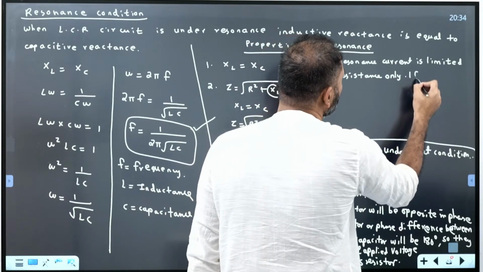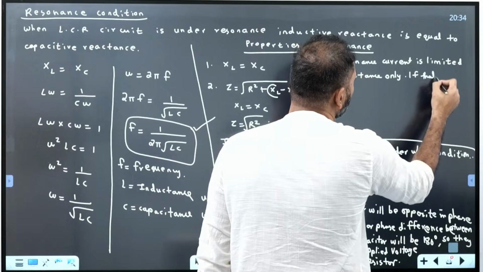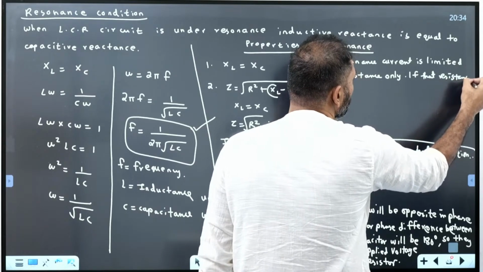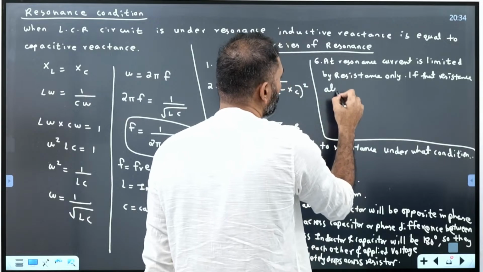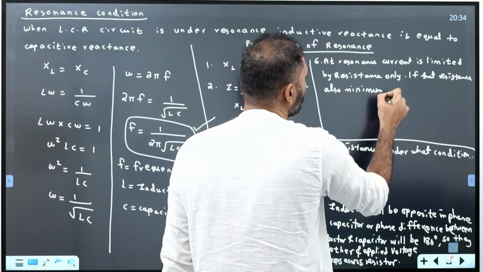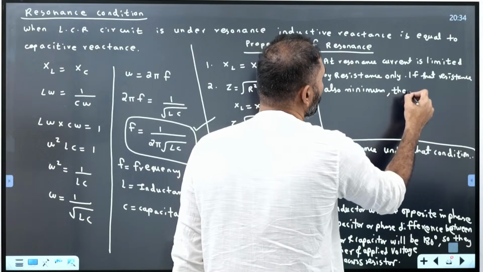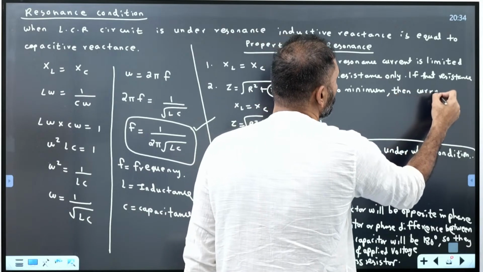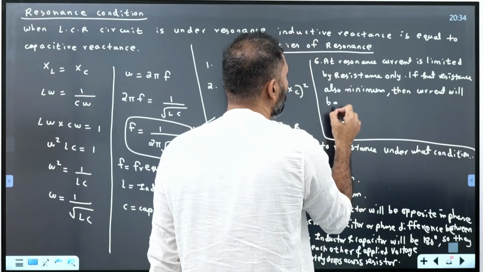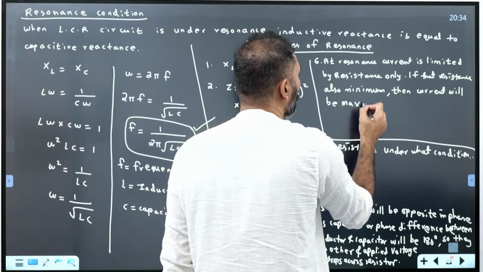If that resistance is minimum, then current will be maximum.